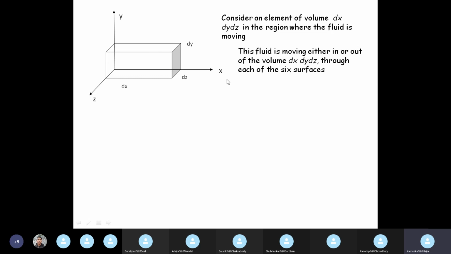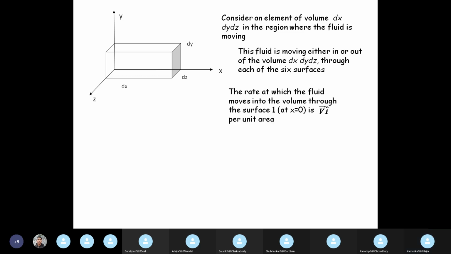And this mass of fluid that we have, in that we have considered this parallelepiped. So this fluid is either moving into this volume or it is moving out of this volume through the 6 surfaces. Clear? Can you imagine the picture? I hope you can imagine the picture.